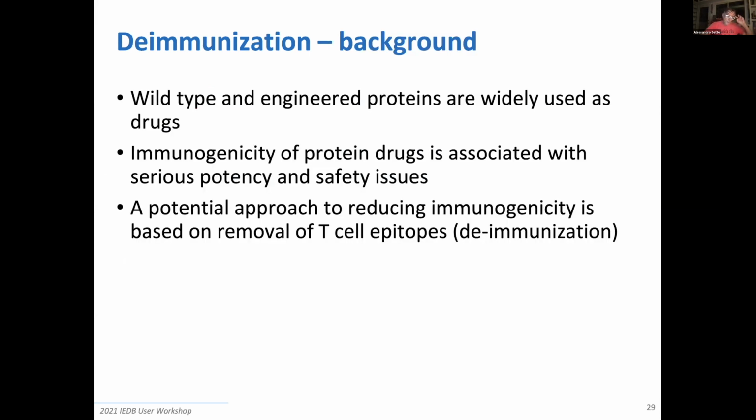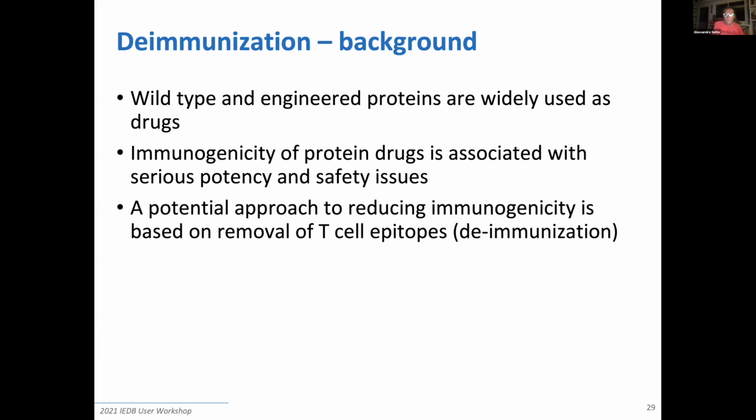So what the deimmunization tool was designed to answer is a relatively common situation where, in the context of development of protein drugs, one has a protein which is either wild type or engineered that is injected into patients as a drug. Monoclonal antibodies, hormones, or other optimized proteins are a common example.